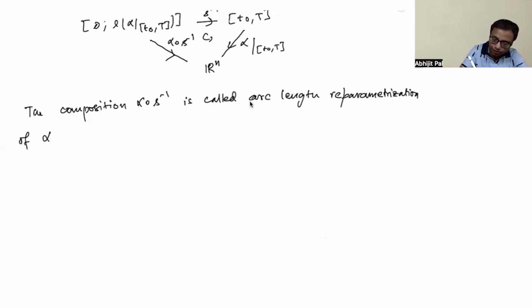So let me just write down the definition of unit speed. What do we mean by a unit speed curve?